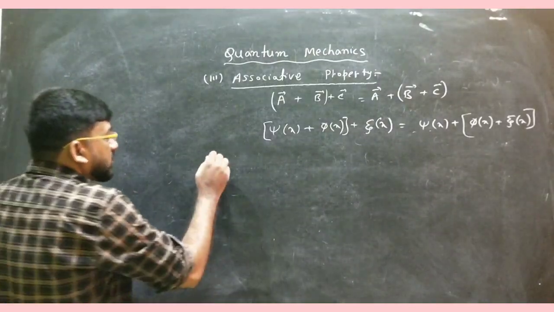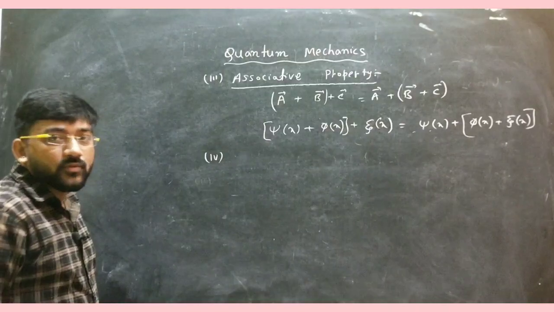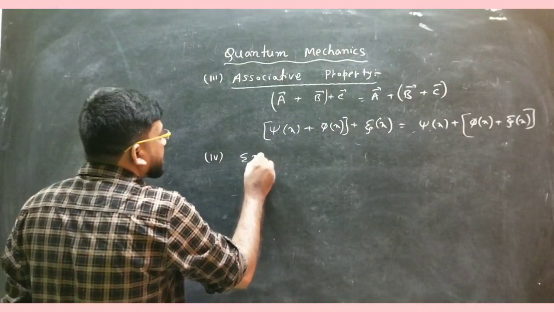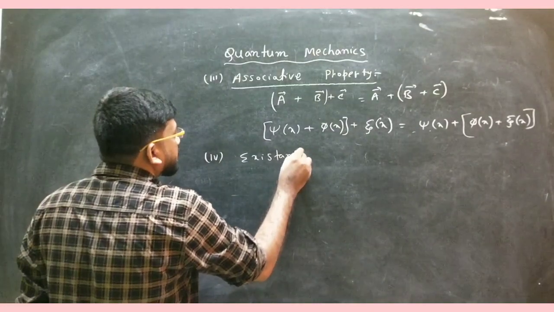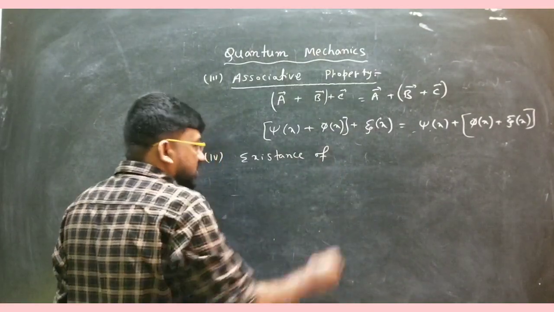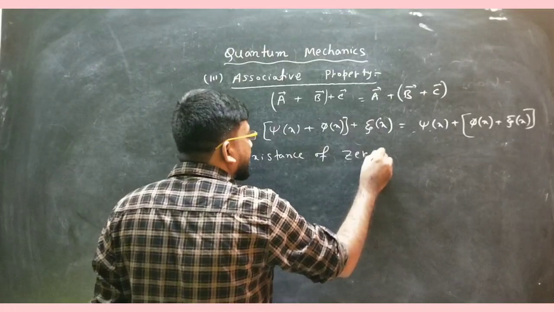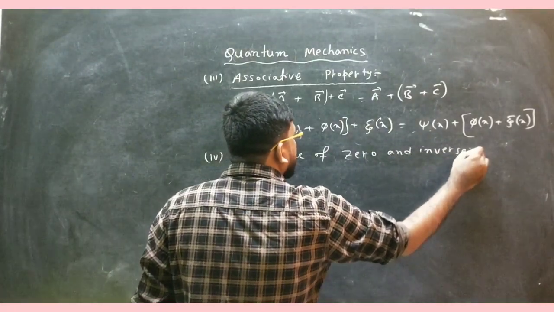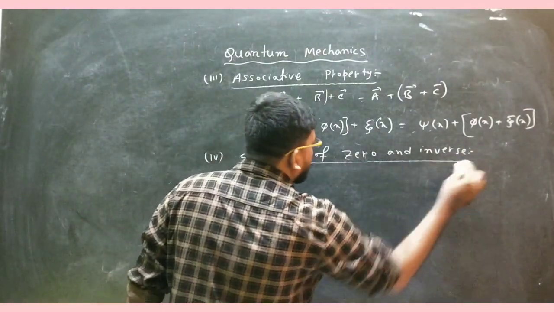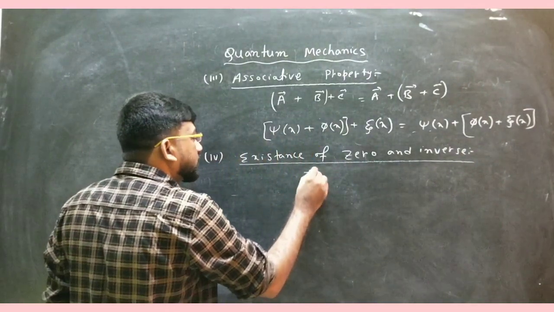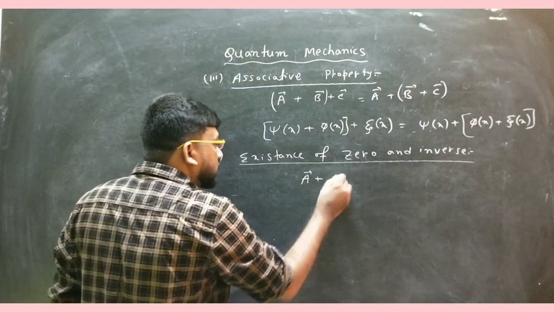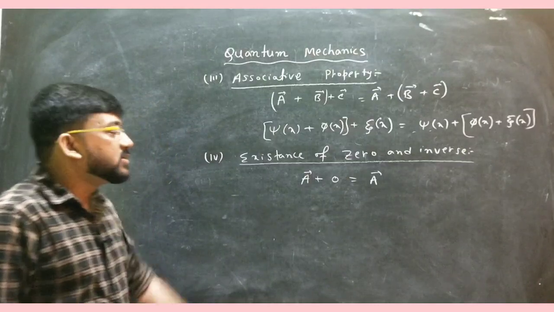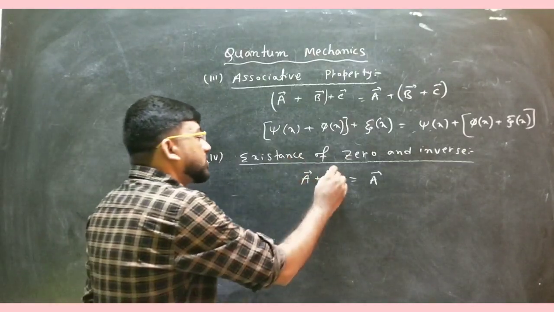Similarly, number 4 is the existence of inverse, or you can say the existence of 0. Now what it means: if you have a vector A and you add 0 to it, we always get vector A. This 0 obviously means the zero vector.